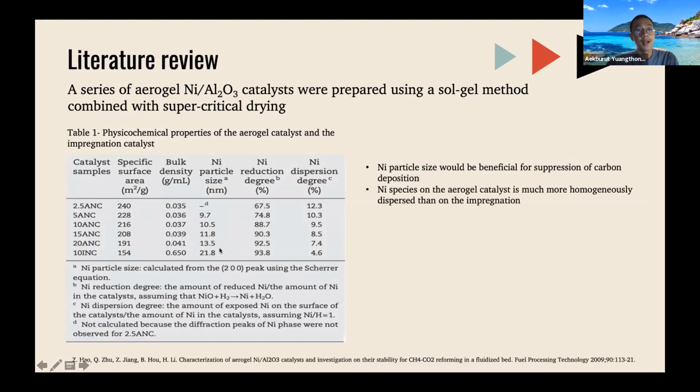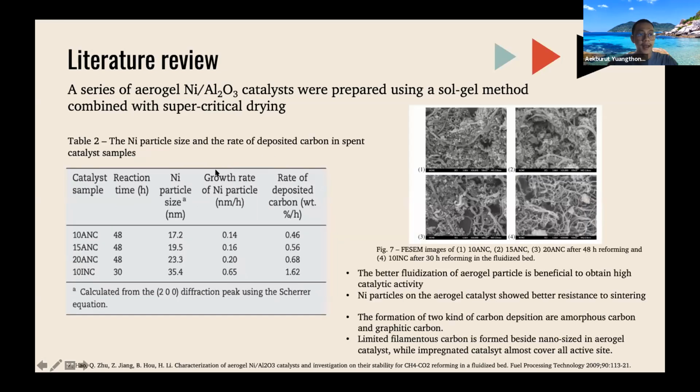And the smaller nickel particle size is beneficial for suppression of carbon deposition. And in table 2, the aerogel also gives less carbon deposits than the impregnated catalyst, which indicates that it is better for coke deposition or resistant to sintering.